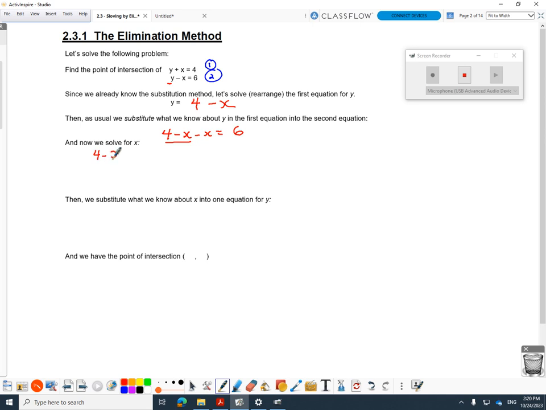I've got to combine those x's, then bring the 4 over. When it moves over, it becomes subtract 4. So those steps are getting a little repetitive.